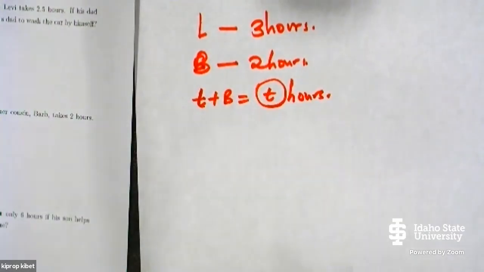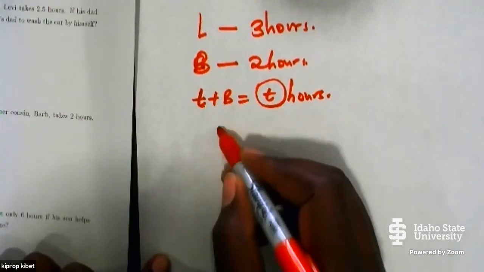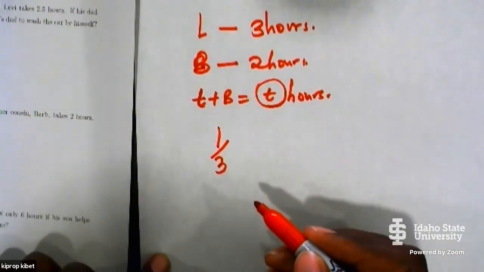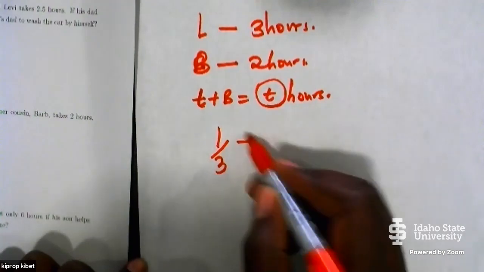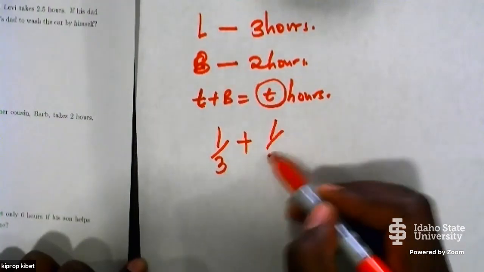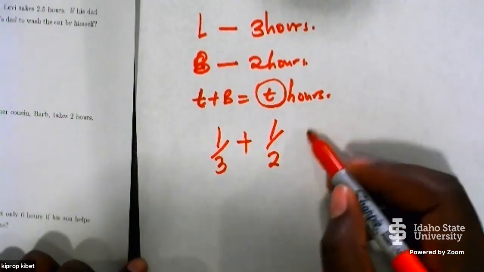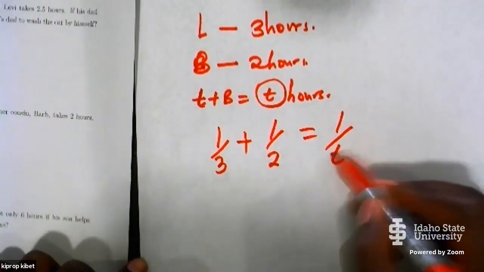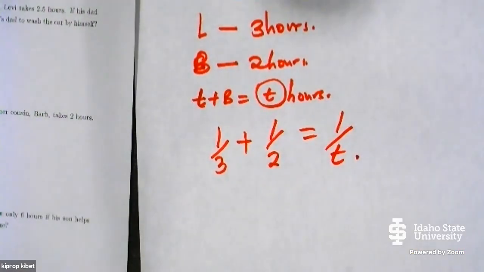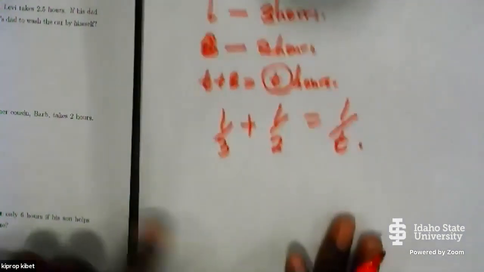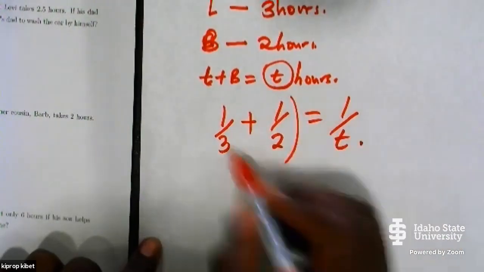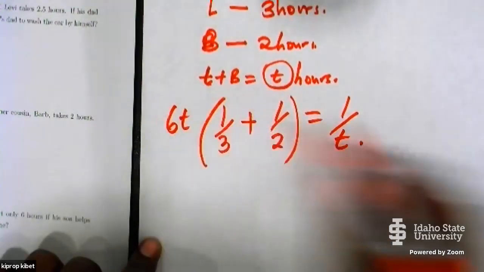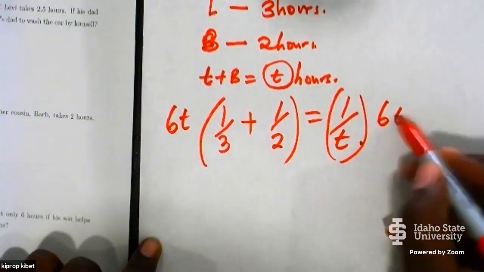So what is T? It will be 1 over 3 for Lisa to take for 1 hour, plus 1 over 2 for the cousin to take for 1 hour, equals to 1 over T. And then you get the value of T there. So the greatest common factor there is what? 60, and then 60 there.